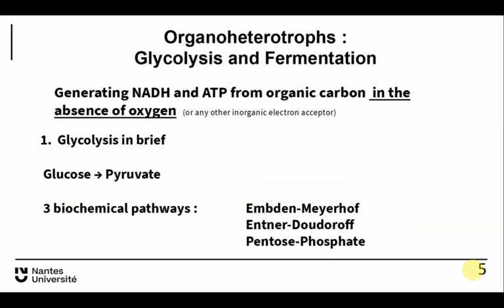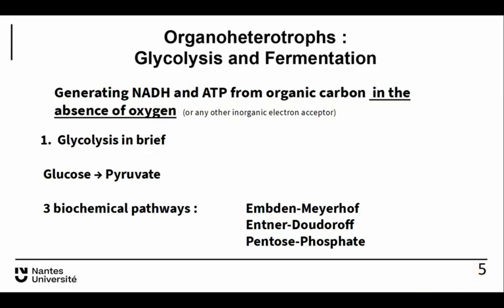Okay, so that's what the objective is going to be for bacteria. So firstly, okay, how to get metabolic energy, NADH and ATP, from organic carbon in the absence of oxygen without any other inorganic electron acceptor. So we're going to start thinking about glucose, sugar fermentation. Now, there are other fermentation pathways, but let's just think about fermentation of sugars to begin with.